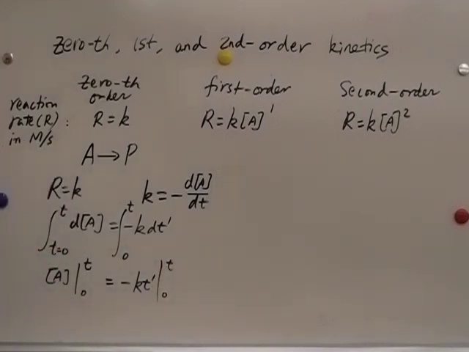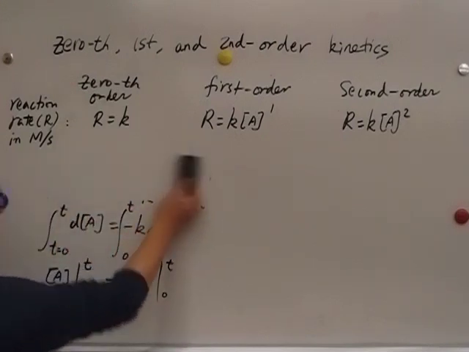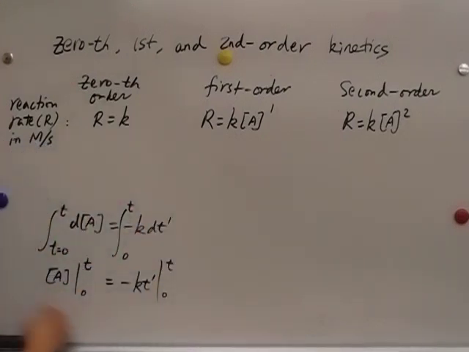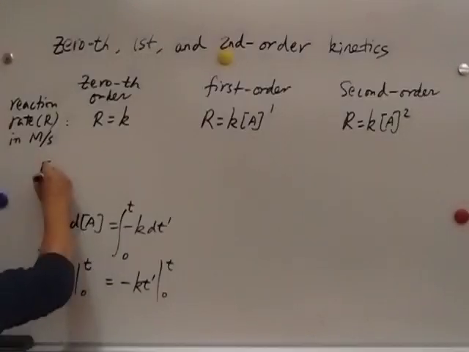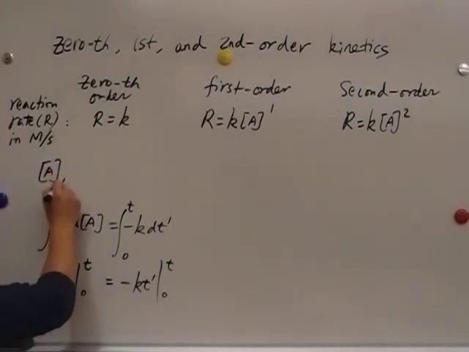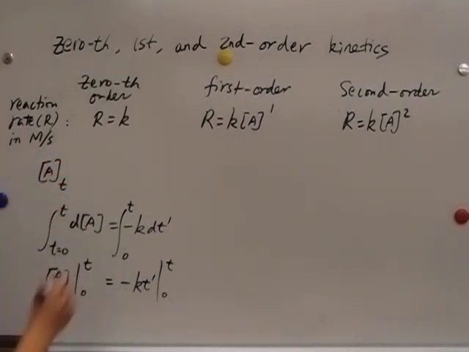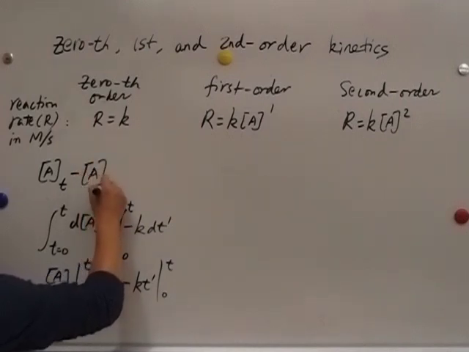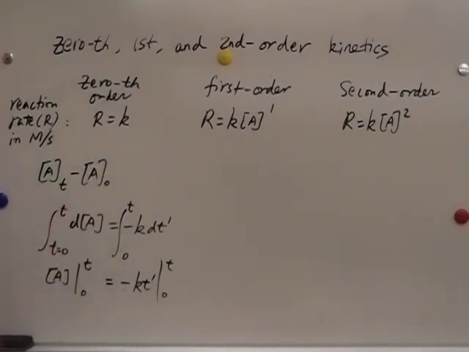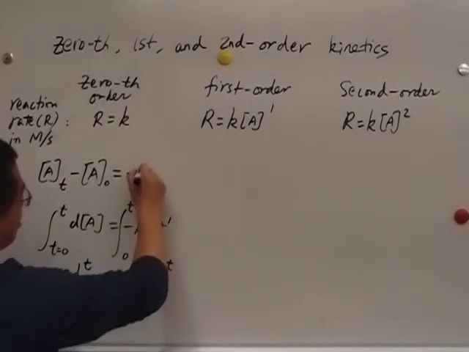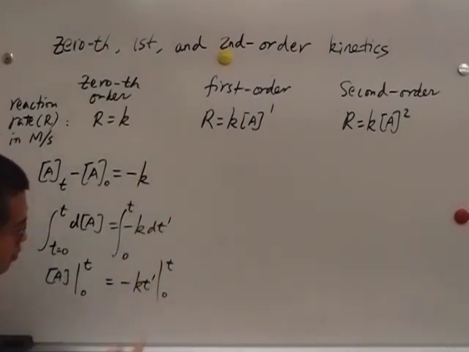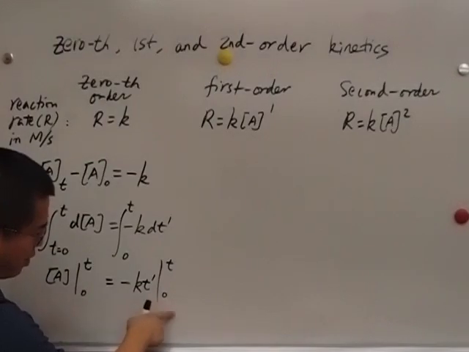Alright, then I'm going to erase this part so that we can go up here. It's going to be the concentration of A at time t minus the concentration of A at time 0. This is the initial concentration of A. And then we plug in t prime equals t and 0.